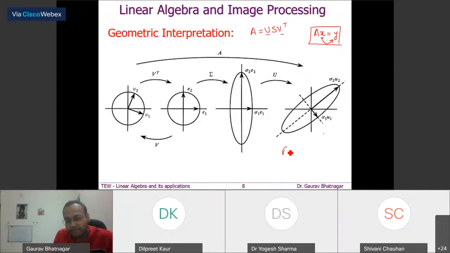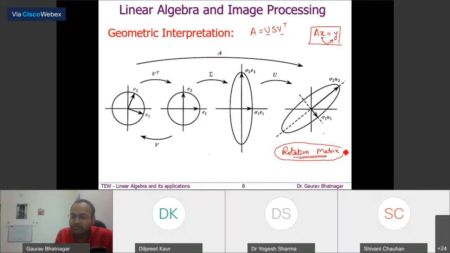Rotation matrix. This is the simplest example of an orthogonal matrix which you have been using right from your 11th standard. And this rotation matrix is not leaving you at all. Wherever you go, if geometry is there, the rotation matrix will come. So what is the main property of this?